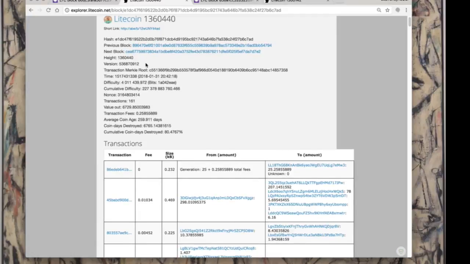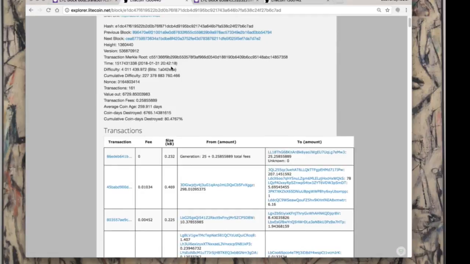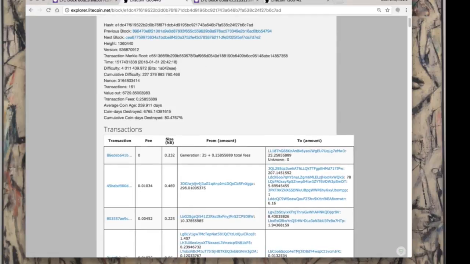Version, we talked about that. That's the type of software or what the miners are signaling. Transaction Merkle root. This is what SPV clients typically download. Time, this is the timestamp, also included in the block header. Difficulty. Now bits.